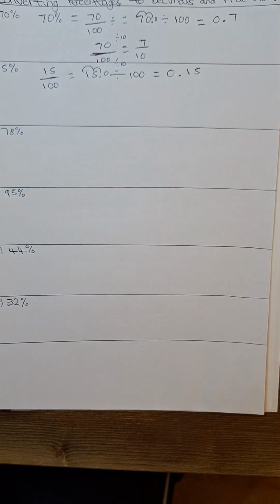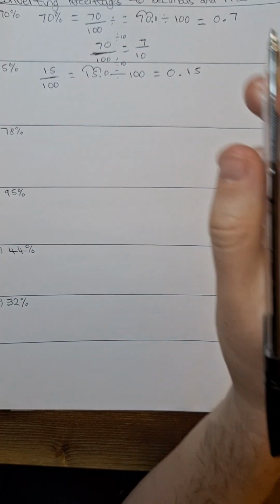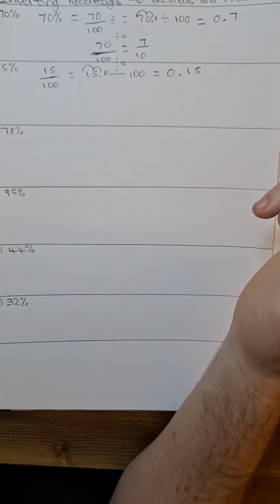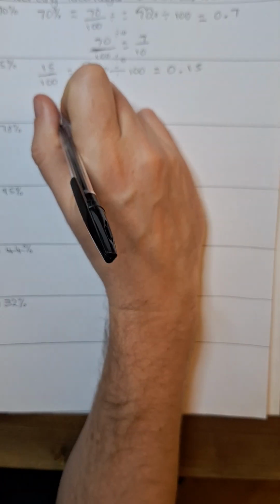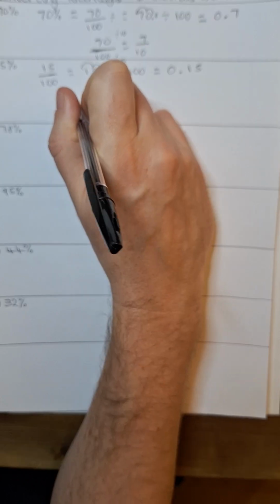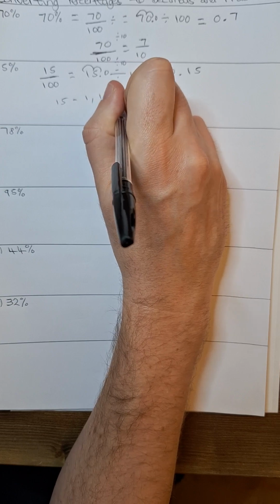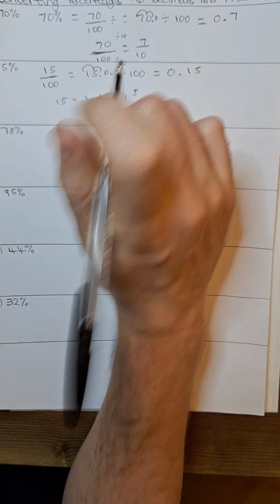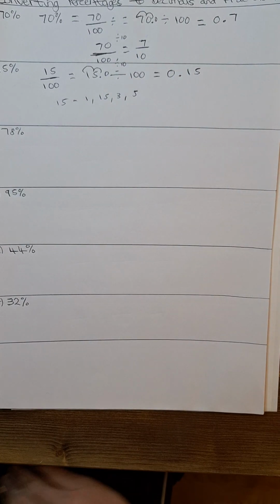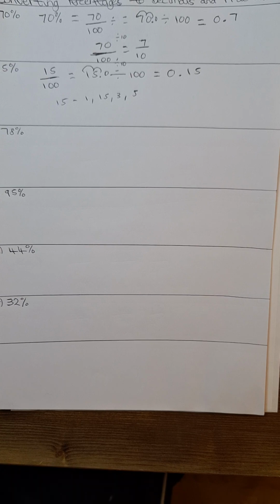Now to get 15 over 100 in its simplest form, we need to find a common factor and divide both the numerator and the denominator by that common factor. We're looking at the factors of 15: we have 1, 15, 3, and 5. I know that 5 is also a factor of 100 because 5 times 20 is 100.